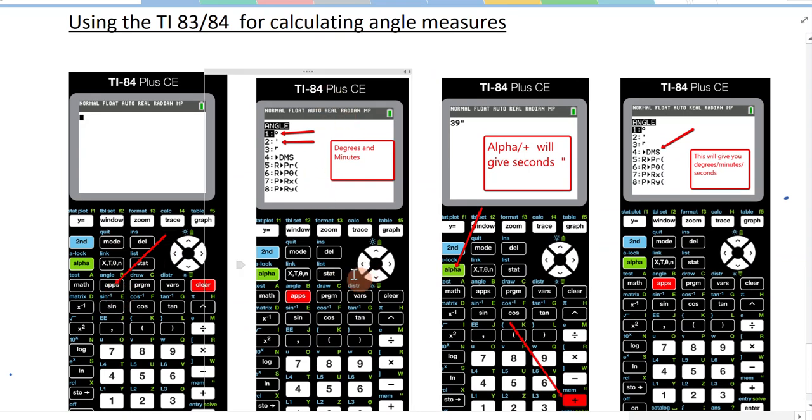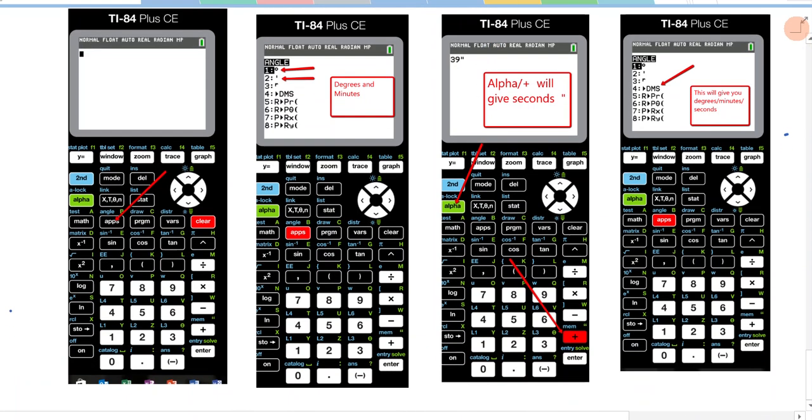It's all about the angle, and here you can get degrees or minutes, those first two. Now, if you need seconds, you have to do something a little bit different. You have to go to alpha and the plus sign. Right over here, you can see that the green in this calculator gives you the seconds. So alpha and the plus will give you seconds.